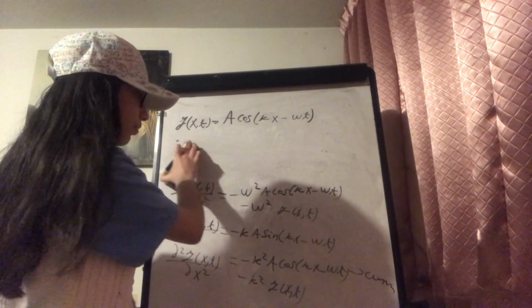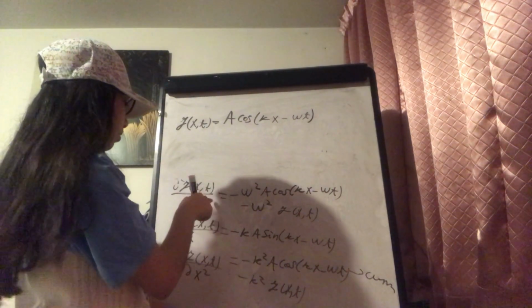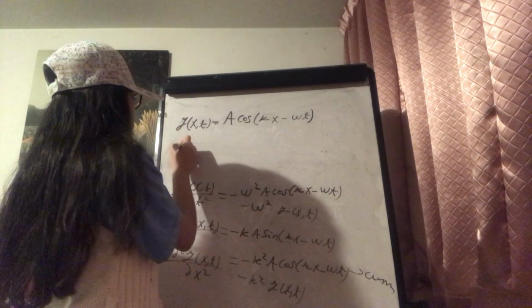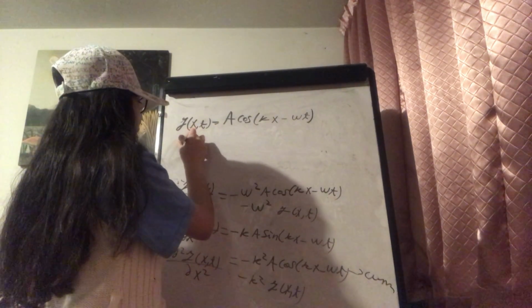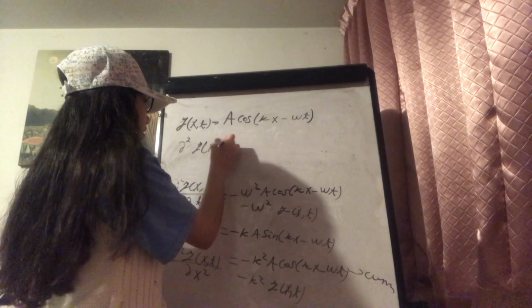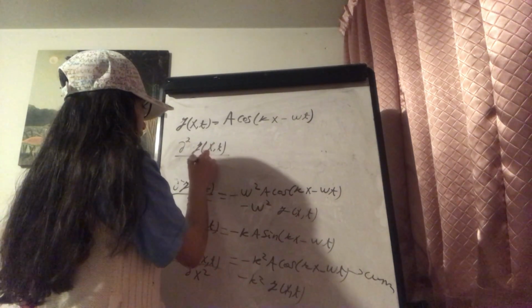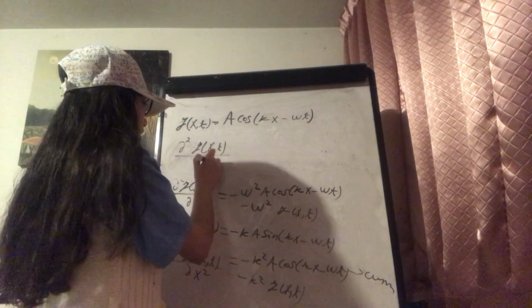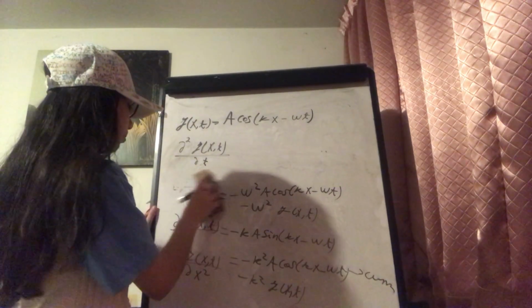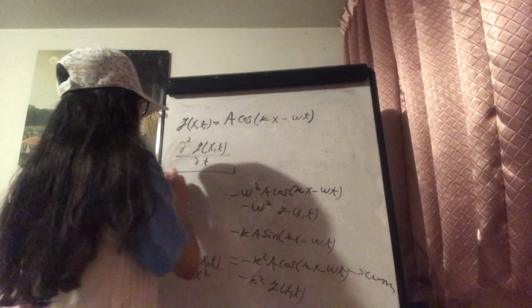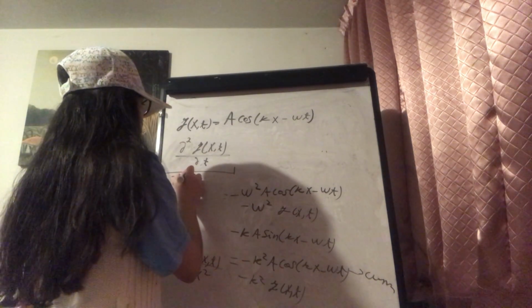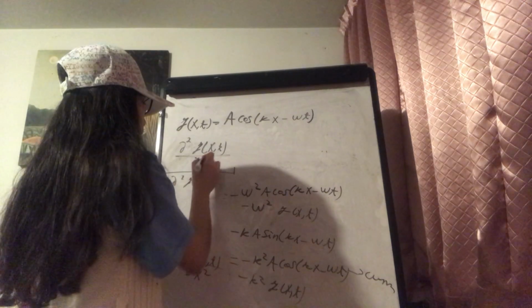Now, what happens if we divide the second partial derivative of y with respect to time by the second partial derivative of y with respect to x?